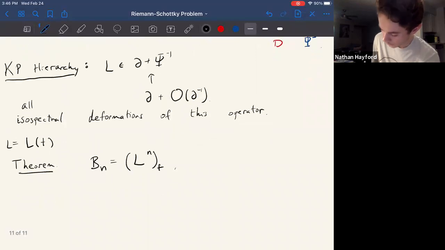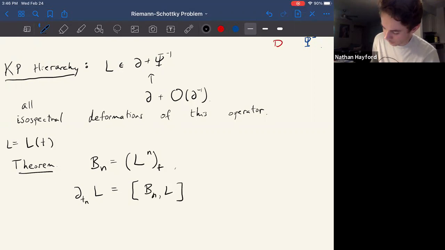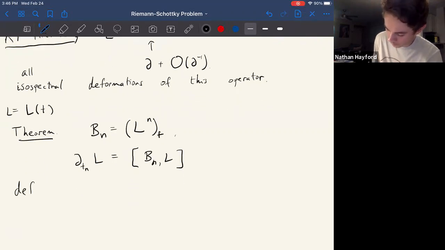And I consider the equations dtn L. So I differentiate with respect to the nth parameter. Here it's just the first. You can think that we just call the nth parameter the first. It's just whatever flow we happen to be looking at in particular. The commutator of bn and L defines an isospectral flow.